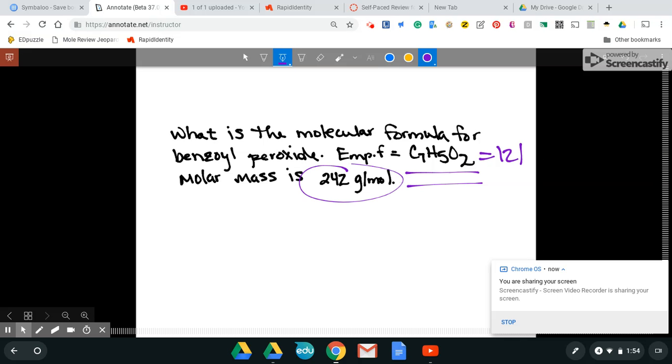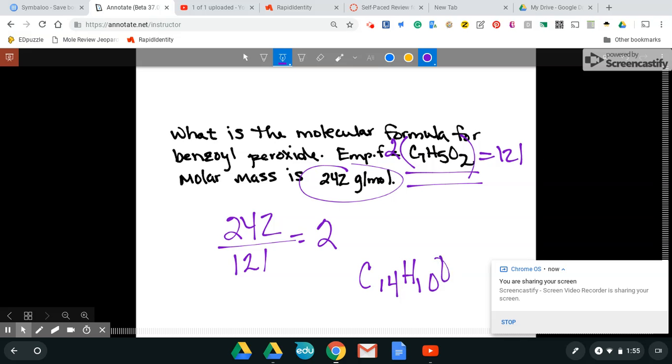So take this number, 242, because that's the mass of the molecular formula, divided by the empirical mass. 242 divided by 121 gives me 2. So now take and multiply this whole thing by 2. So that would be C14H10O4. So that is the molecular formula. So that's 2 different ways of coming up with the molecular formula.